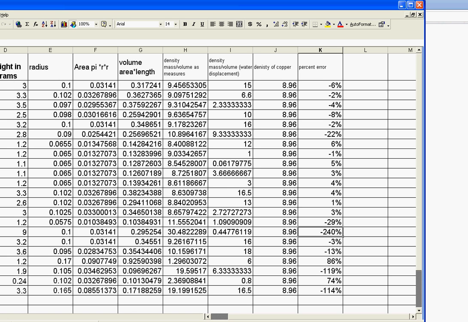All right, now this is the percent error, and I want to label this by measurement. Now let's do, whoops, that was wrong. Okay, measurement. The second one is the percent error displacement.